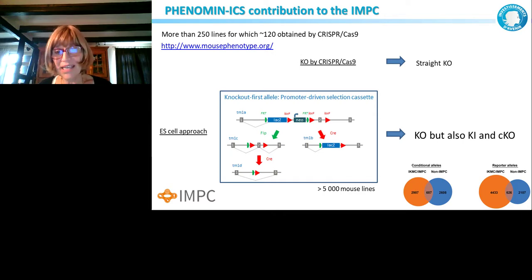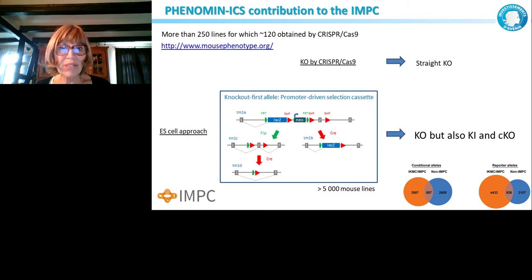Okay, and just to say here, I just add that most of the conditional alleles that are available at the moment are coming from the IMPC, because we have generated in this consortium more conditional alleles than in the whole world beside this consortium. And it's the same for the reporter allele.